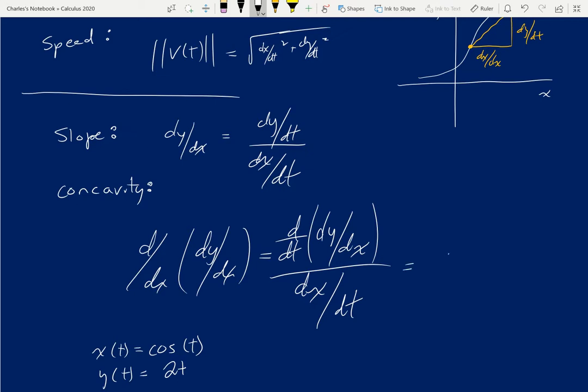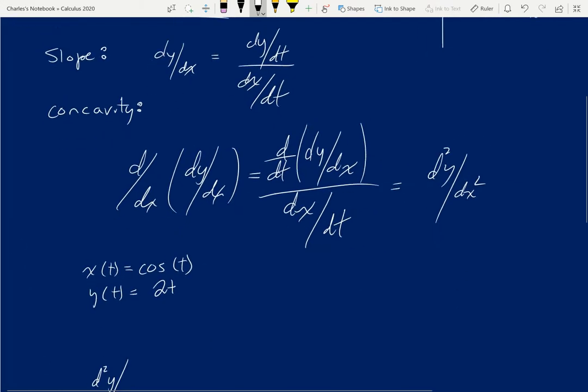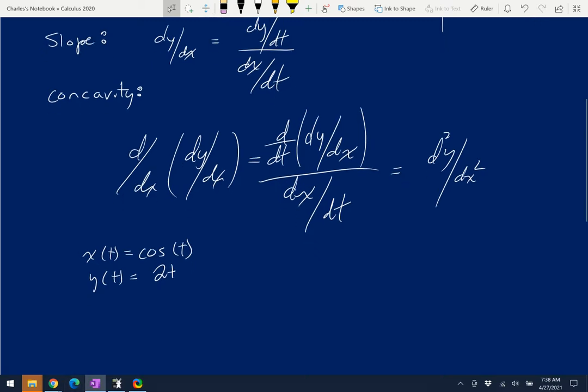And that equals the concavity, or the second derivative function, d squared y over dx squared. And you don't need to know why that is. These things you just kind of have to accept that it is for the purposes of the AP test.